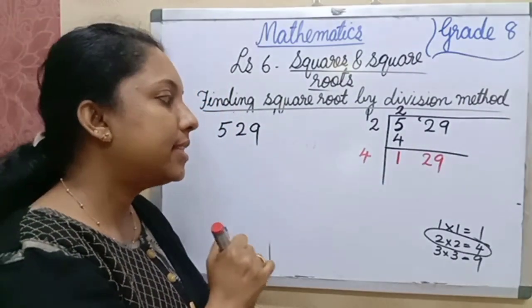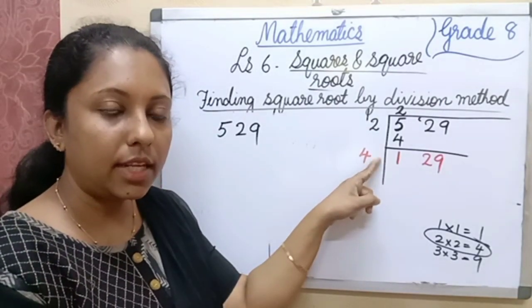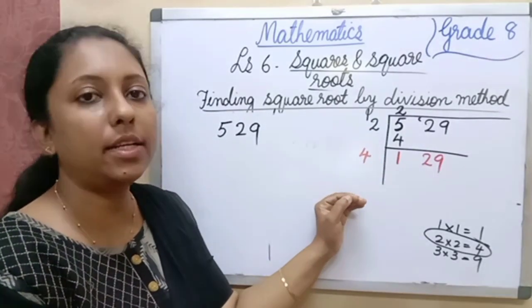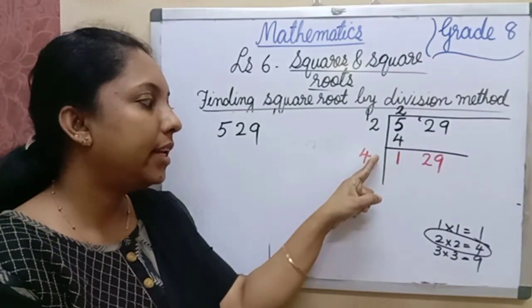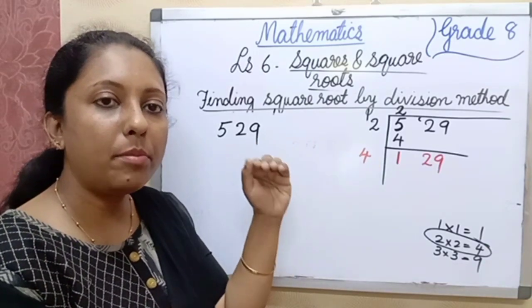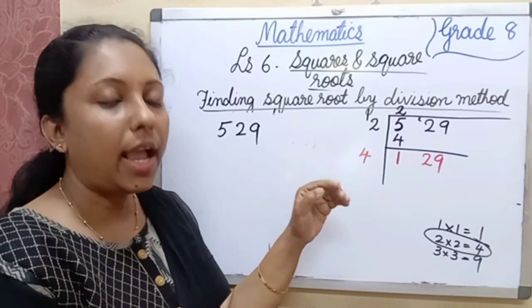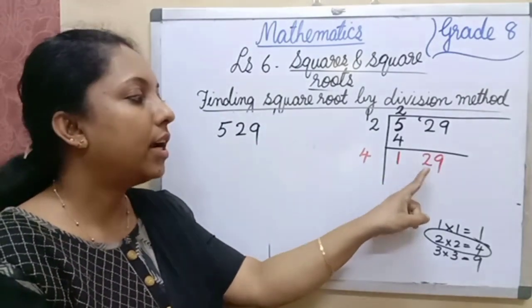The next step is you have to add a digit to the right side of 4, and the same number you have to multiply, and the product should not exceed 129.